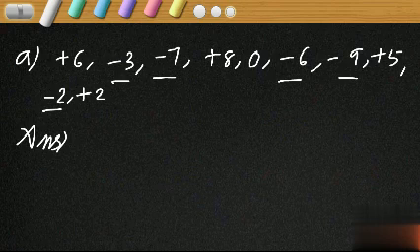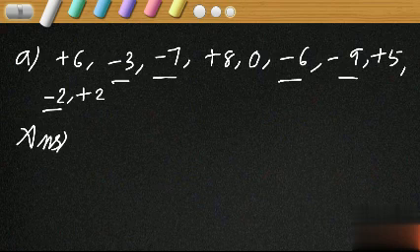So we are considering the negative numbers now, and among negative numbers, the number with greater magnitude is the smallest one. Magnitude means the number without considering the sign. Among these numbers, which is the number having greater magnitude? 9.